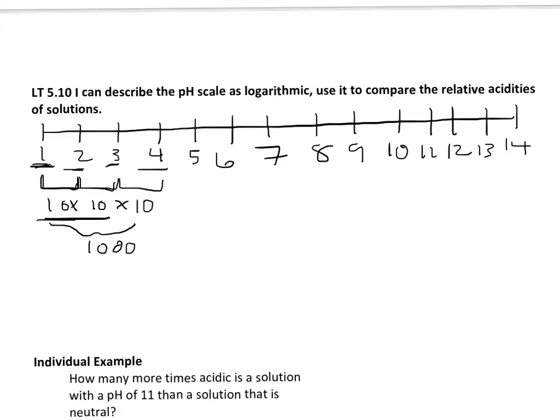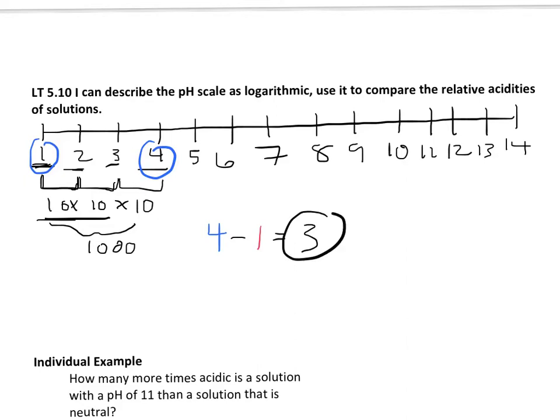So the step is to take the difference between your two pH values. So you might have a solution with a pH of 4 and a solution with a pH of 1. And if you subtract those, you get 3.